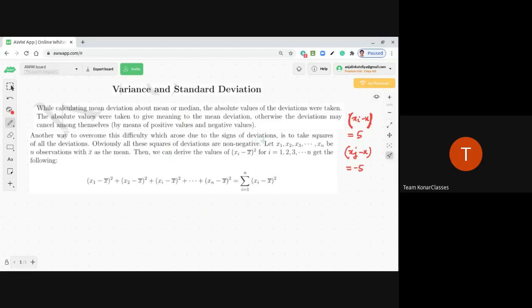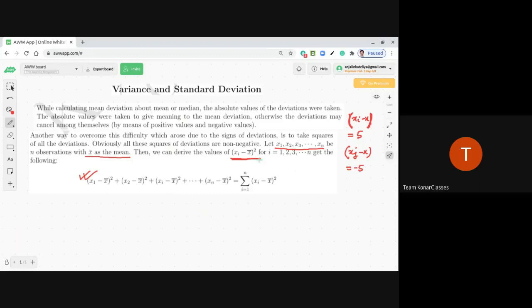So for example, if x1, x2, x3 up to xn are n observations with x bar as the mean, then we derive the value (xi minus x bar) whole square for i equal to 1, 2, 3 up to n. So what we get? We get summation: (x1 minus x bar) whole square plus (x2 minus x bar) whole square plus (x3 minus x bar) whole square, and in that way up to (xn minus x bar) whole square.